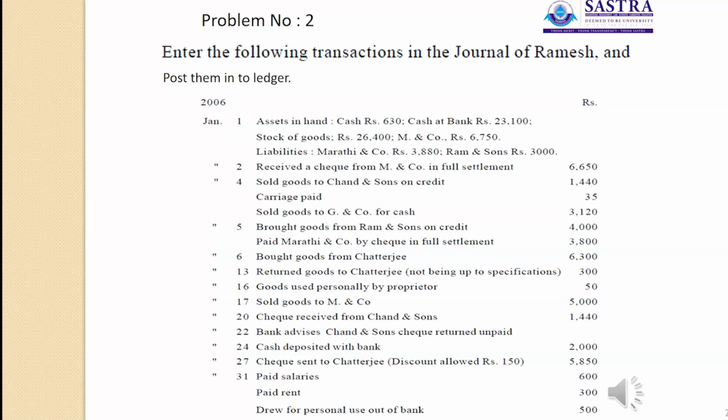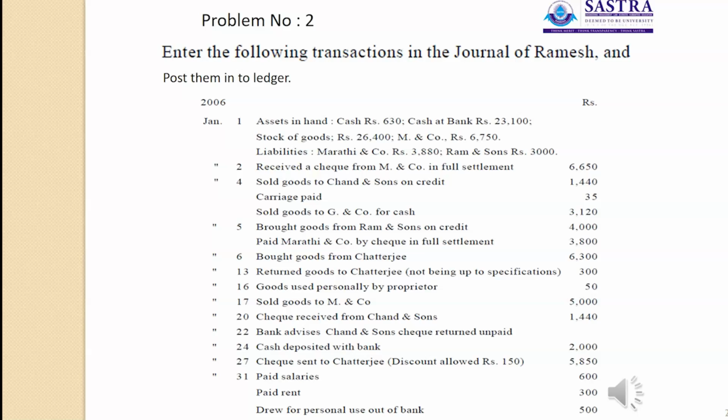Paid Marathi and Company by check in full settlement, rupees 3,800. January 6: bought goods from Chatterjee, rupees 6,300. January 13: returned goods to Chatterjee, not being up to specifications, rupees 300.